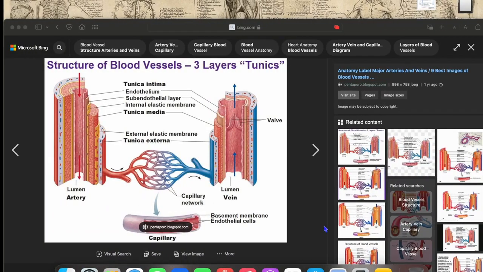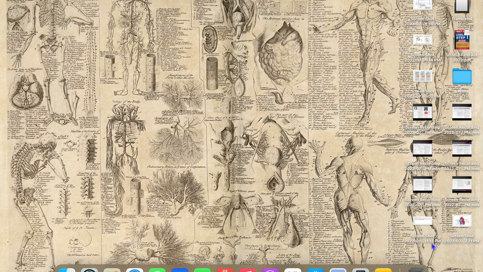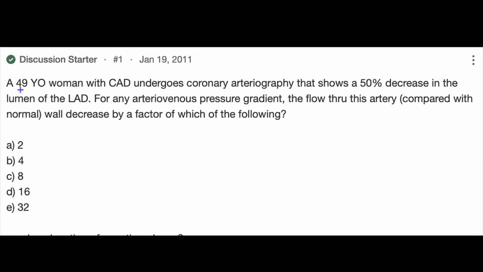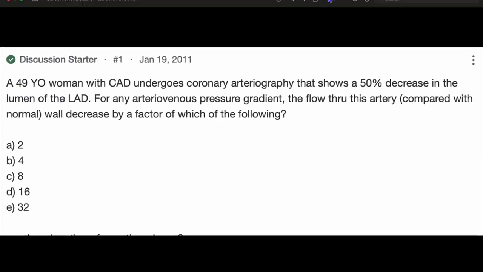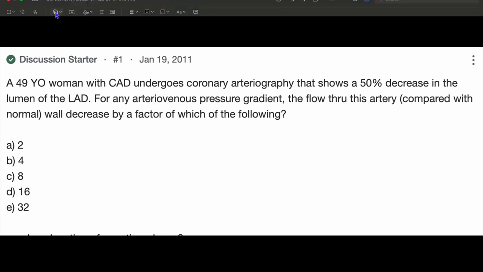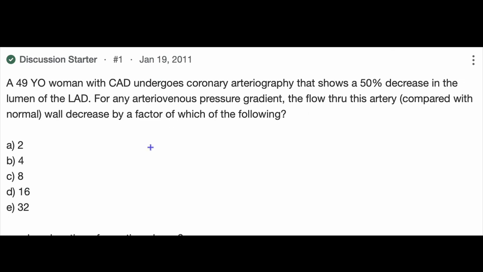So let's go through that question. We know that whole formula, Poiseuille's law. Let's see, I'm probably pronouncing his name wrong, because I butcher pronunciations.